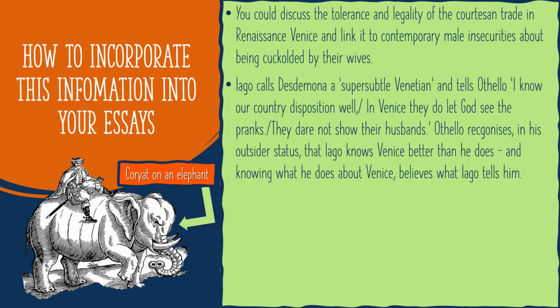Iago understands the mindset of Venice better than he does. Iago apparently understands the women better than he does. And Othello, trusting Iago, believes what he says to him because he recognizes that he himself is this outsider. He doesn't have that understanding that Iago does.